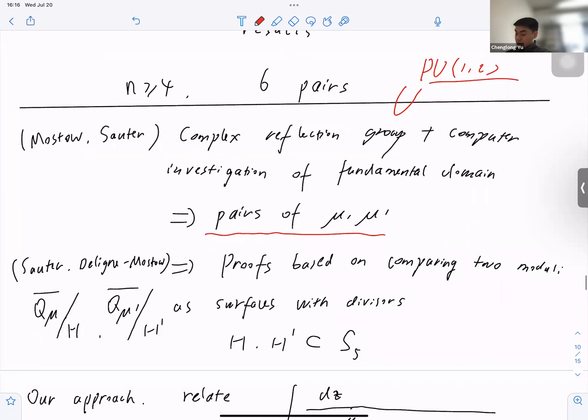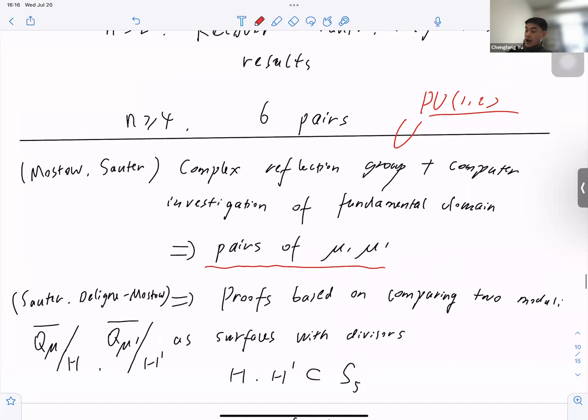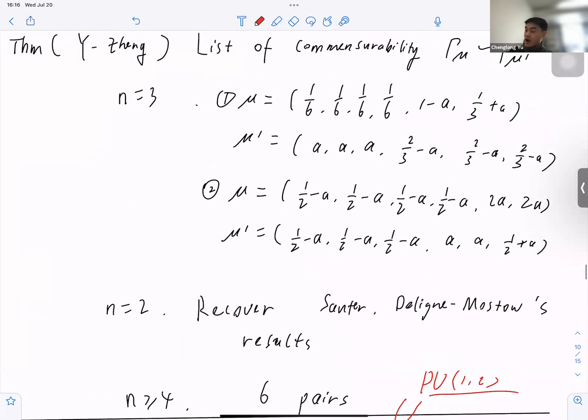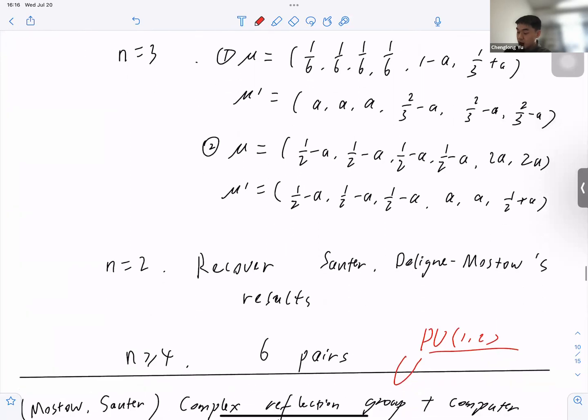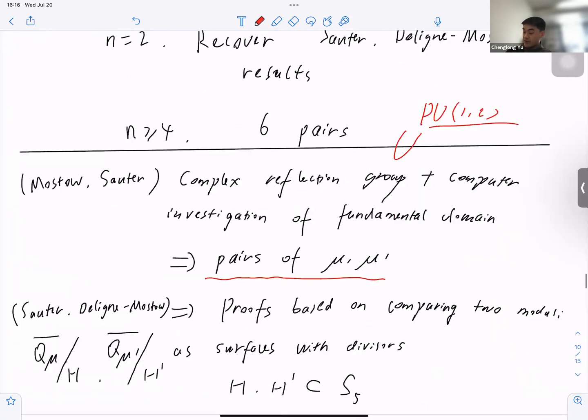So their result comes from the study of those surfaces, and I think it may be hard to prove those results in higher dimensions because the geometry will be much more complicated for threefolds and higher dimensional moduli spaces.